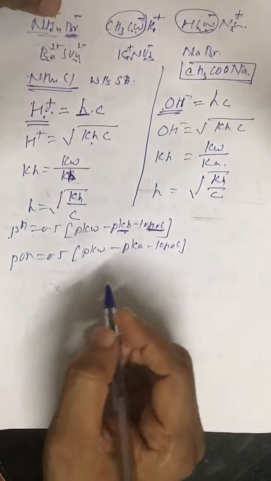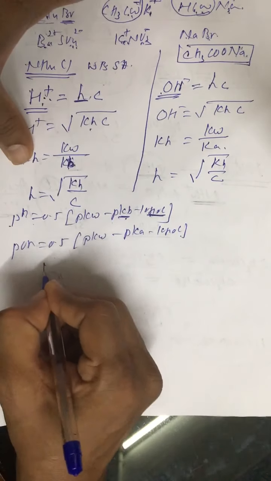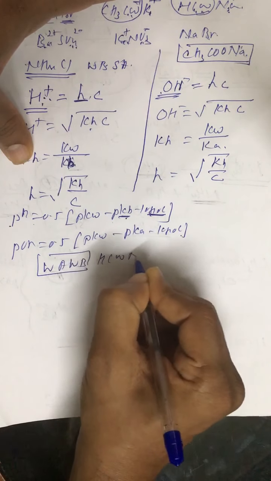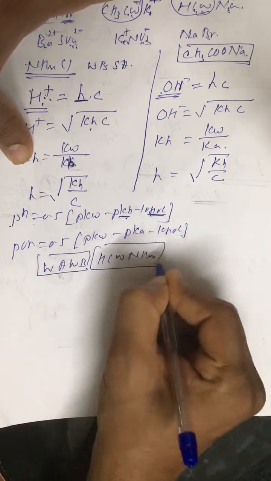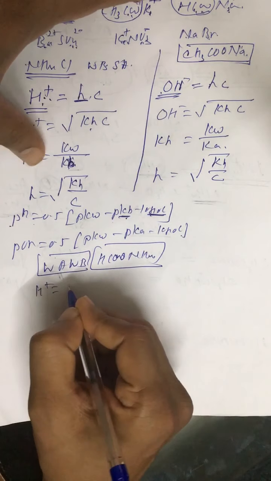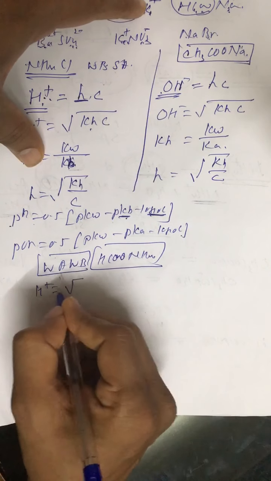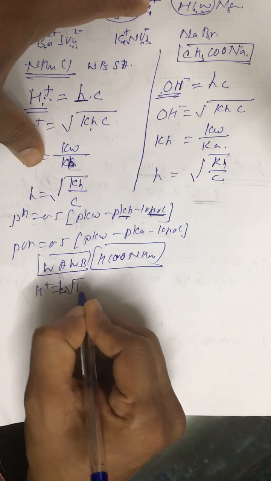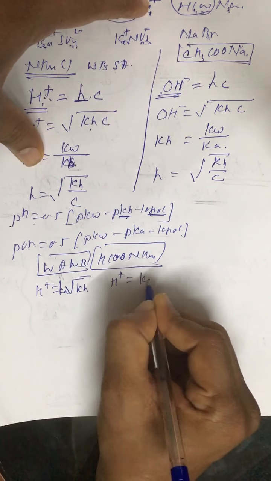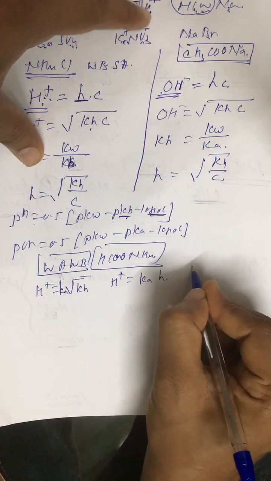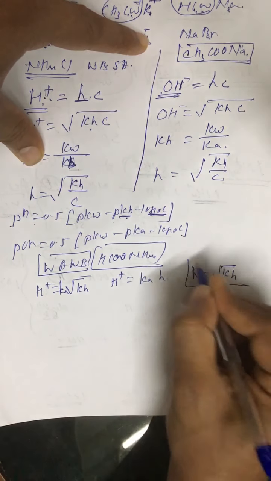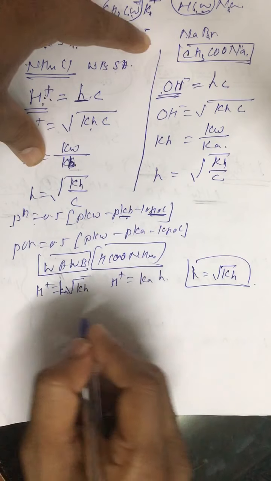Alright. And finally we have weak acid weak base salt, like ammonium formate kind of salt. So here H positive equal to Ka root KH, or H positive equal to Ka into h, because h equal to root of KH. If you can remember, otherwise leave it.